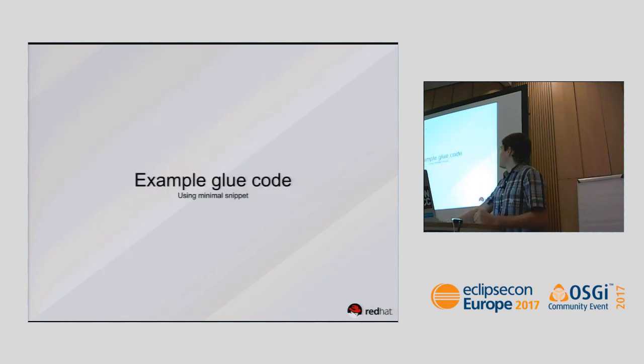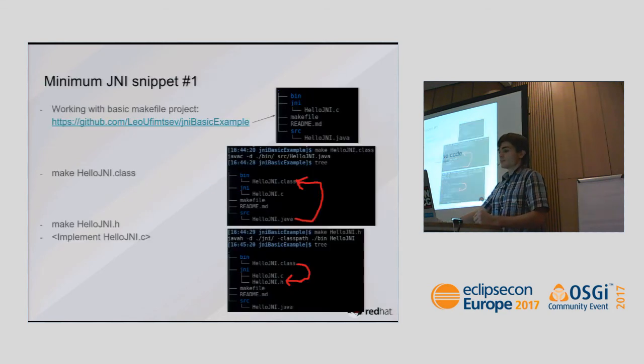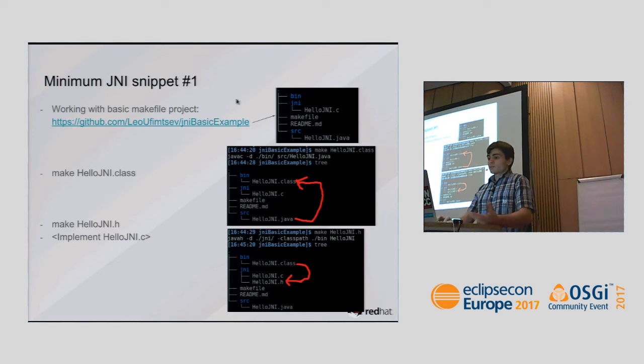So let's run through a quick example on how that whole thing works. Here's a basic example. Afterwards, if you have interest, you can download and tinker around with it. The first step is to take your Java file and compile it into a class file using the standard Java compilation mechanisms.